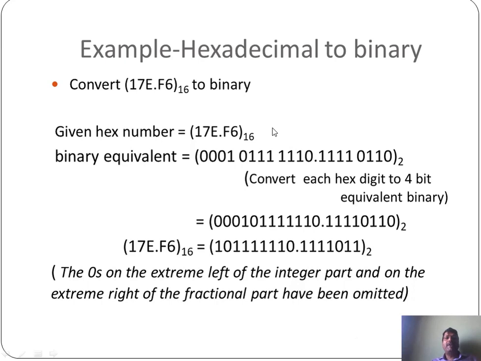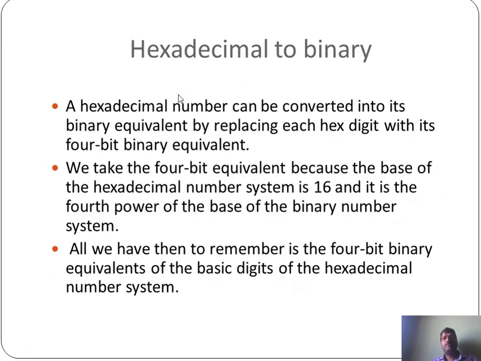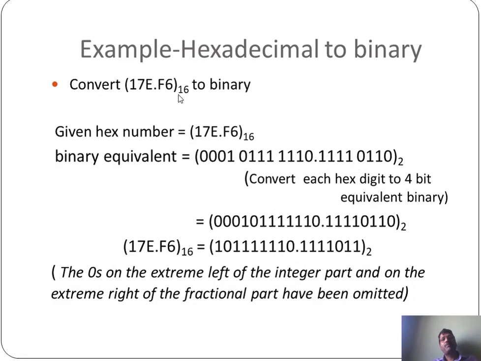This can be well understood by one example. Convert this hex number 17E.F6 to binary. So the hex number is given. Each digit is converted to its equivalent 4-bit binary. 1 is 0001, 7 is 0111, E is 1110, F is 1111, and 6 is 0110.